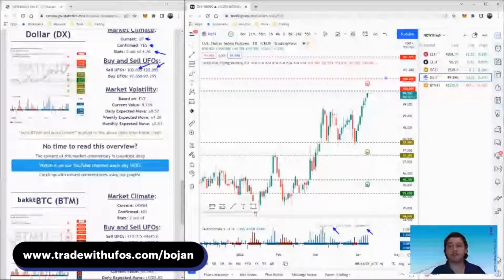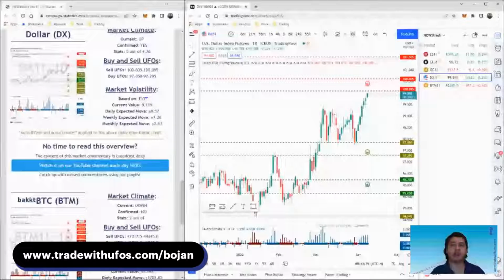Of course, there was a UFO right in this area, so the price is currently still within it. However, it's not there anymore because that UFO has been used up, and it could or could not make price react right now. Given that we're in the climate, and also today is Friday, there's a good chance we see a reaction.